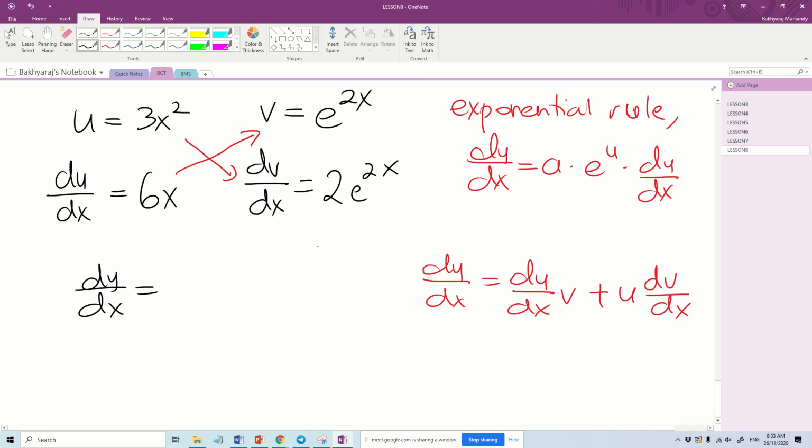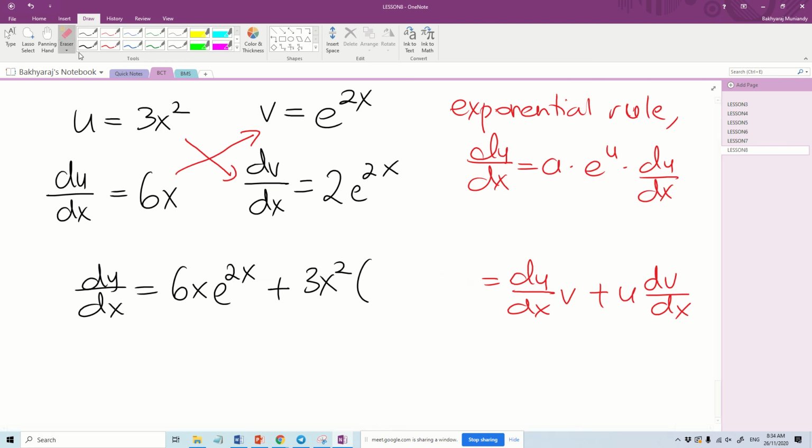You get 6x exponent 2x plus 3x squared times 2 exponent 2x. So that will be the answer when you put into the formula.